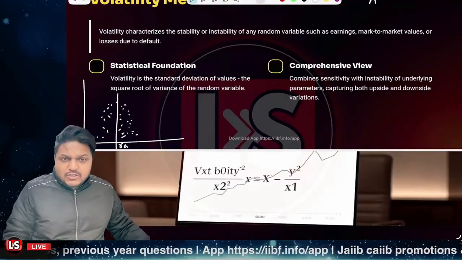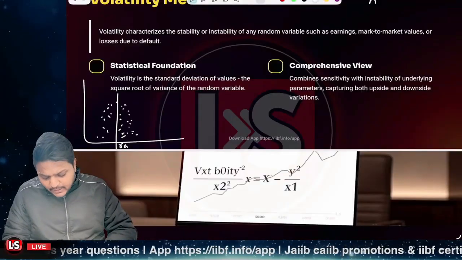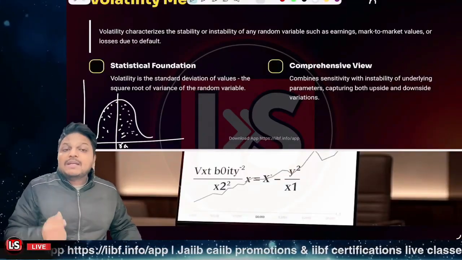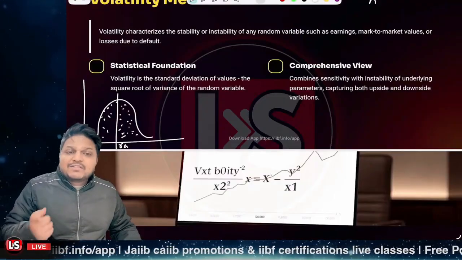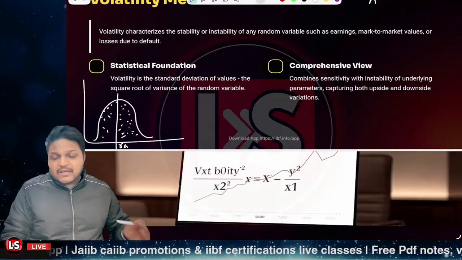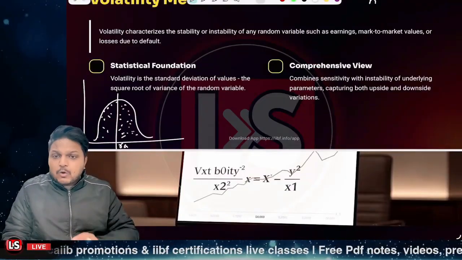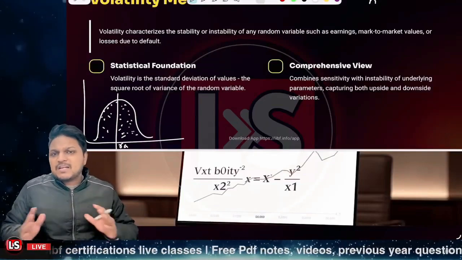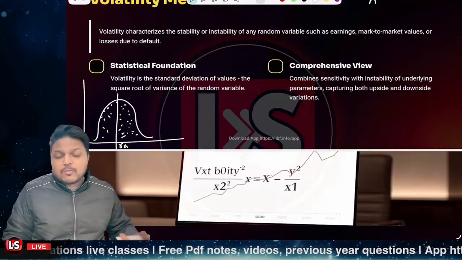When I draw a graph related to it, you get a bell-type structure. This is called the distribution. And if the graph is symmetrical around the curve, it is said to be the normal distribution. Right now I'm not concerned about whether the distribution is normal or not.